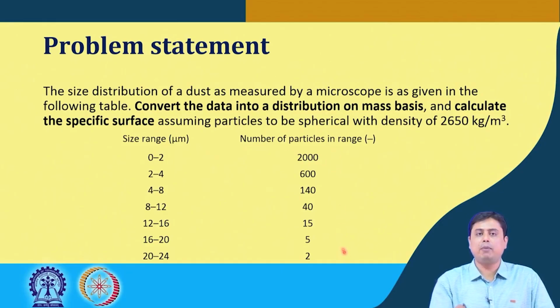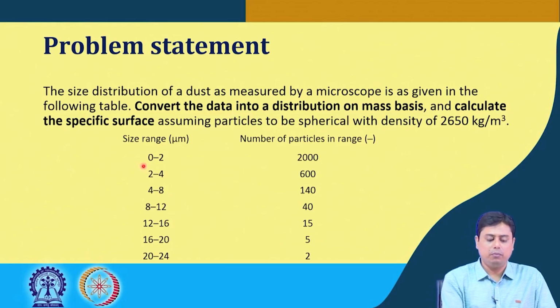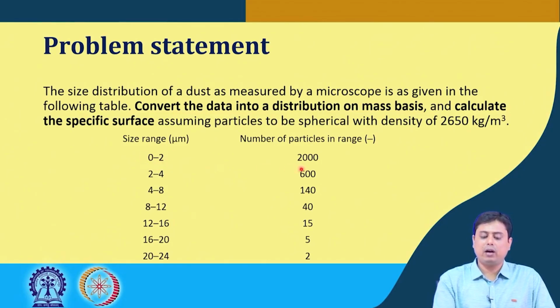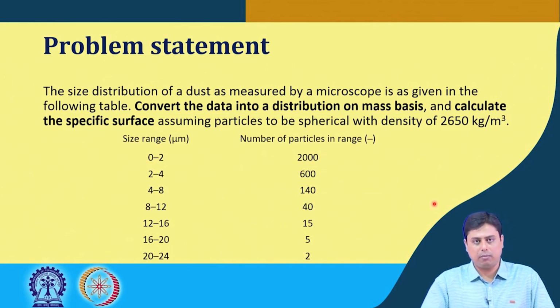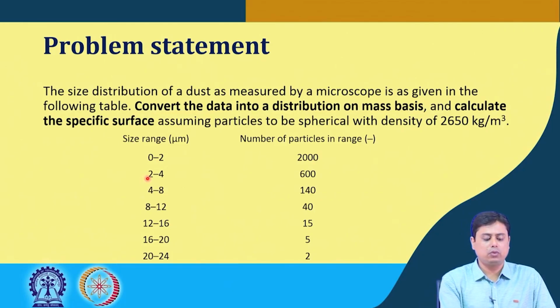It is given in a number distribution, that between 0 to 2 micron size particles, in this range we have counted it is to be around or exactly 2000 number of particles. The size of the particles when it goes from 2 to 4 micron, in this range we find that number to be 600.